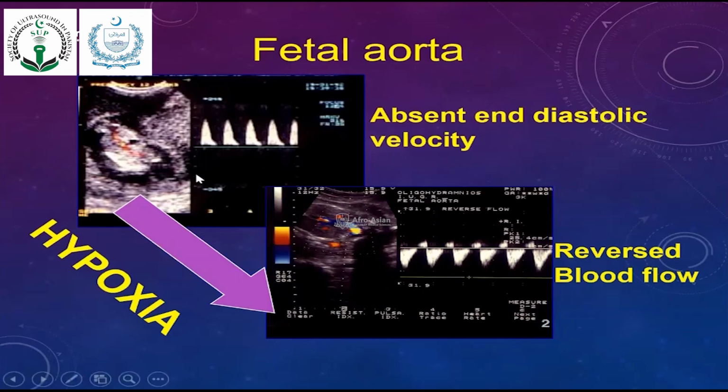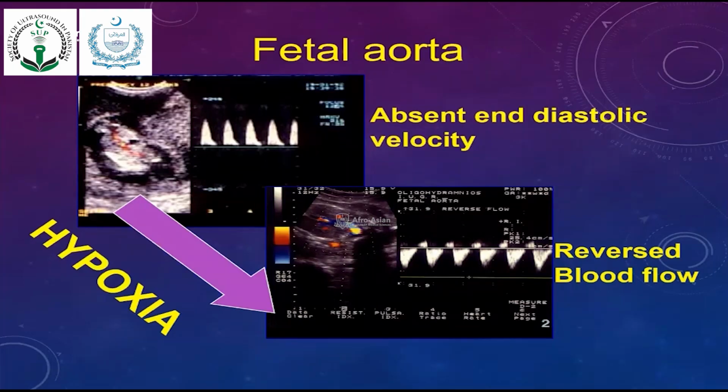And in a condition even worse than the absent diastolic, we can have a reverse blood flow. The reverse blood flow, again, as we saw in the umbilical artery, is indicative of hypoxia changing into asphyxia.